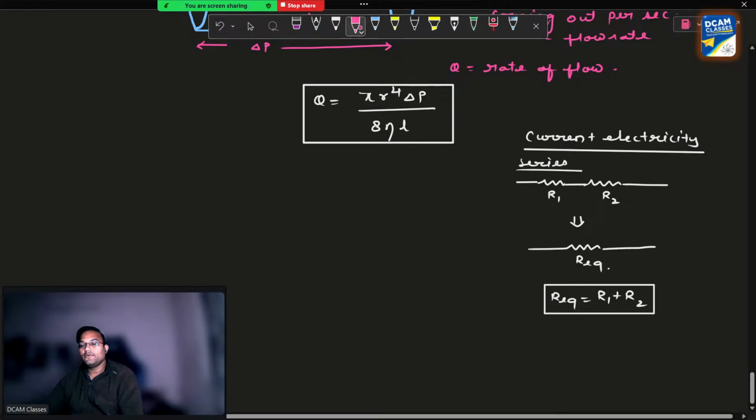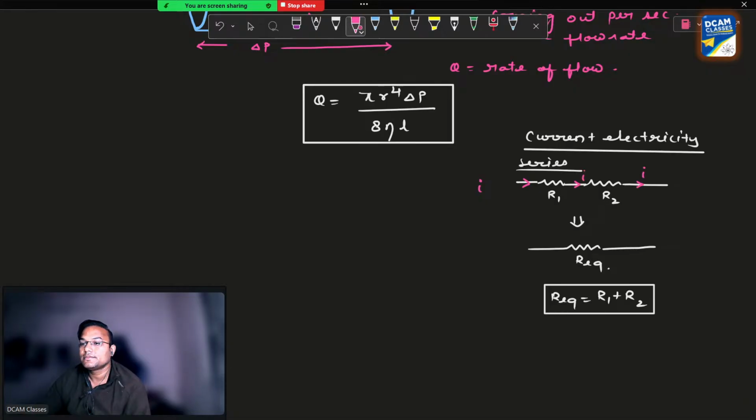Now what I want you to know is, whenever in current electricity we study, I flows same through all the resistors. This you know or not? Not. I is same, but voltage drop is different.